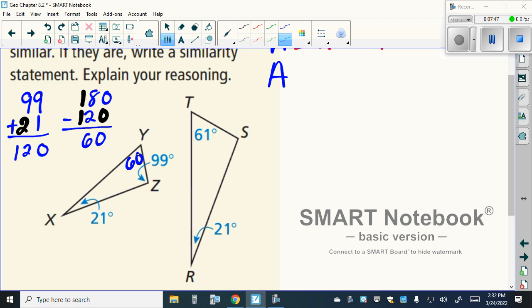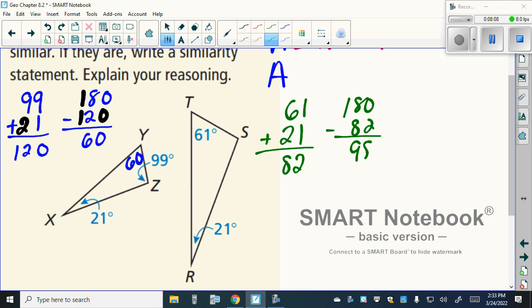Does that match the measure of angle T? Does it match the measure of angle S? Most likely not. But if we went on and found angle S, 61 and 21, 82, and if we subtract 82 from 180, we get 98.